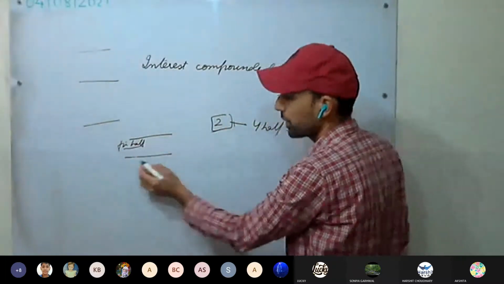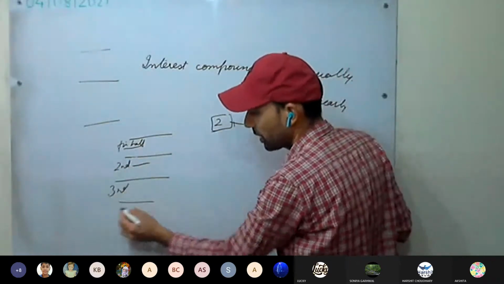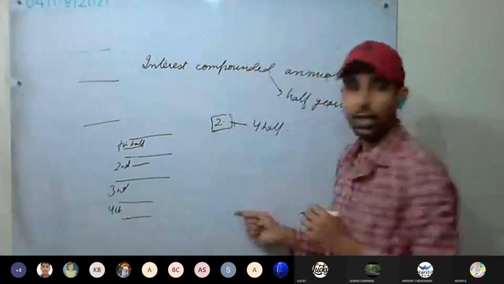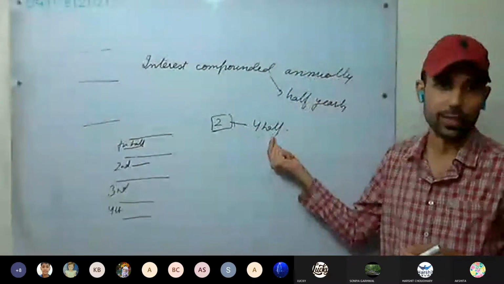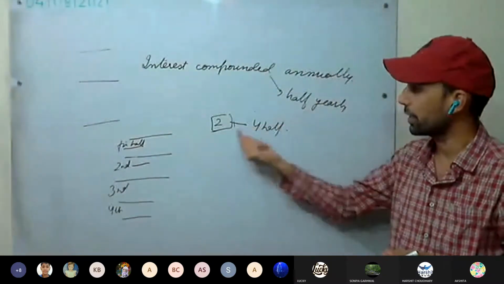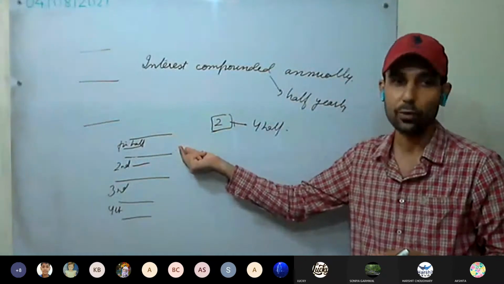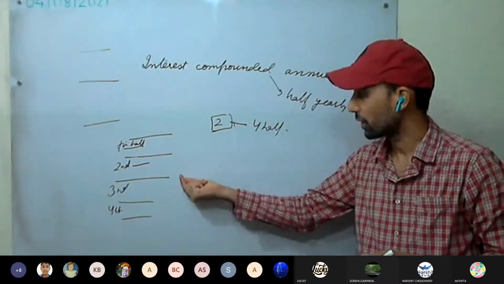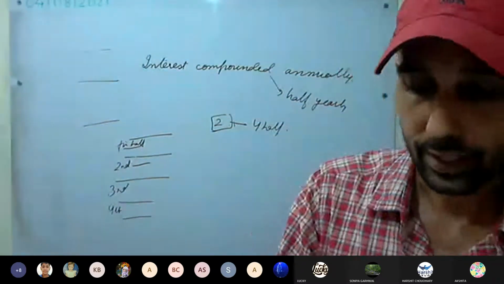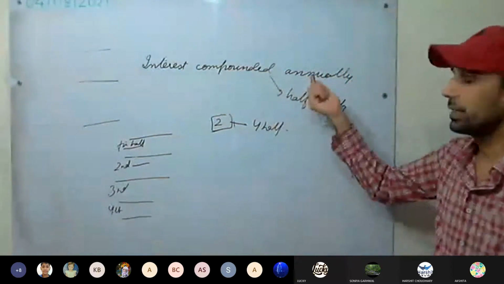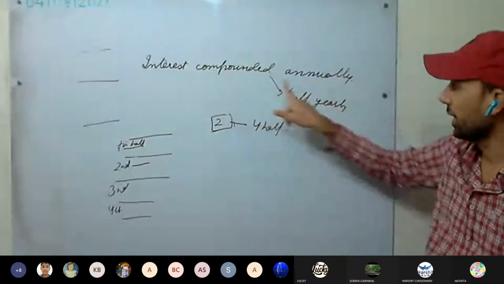So calculate for the first half year, then the second, then the third, then the fourth. Each 6 months we have to calculate. If it is quarterly, how many will be there? 8. First quarter, second, third, fourth, 1 year done. Then fifth, sixth, seventh, eighth. Understood? These questions will come soon, and at that time we are going to discuss. Compounded annually means yearly we are compounding, yearly we are calculating compound interest.